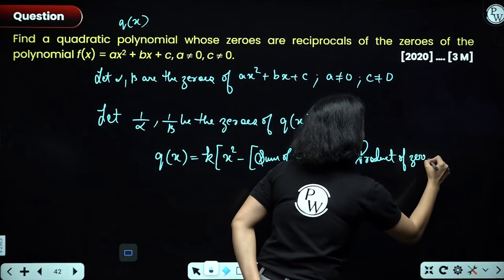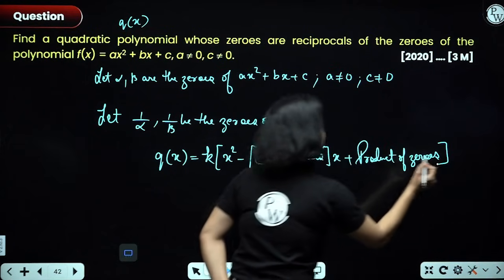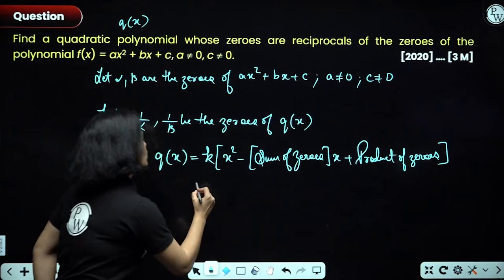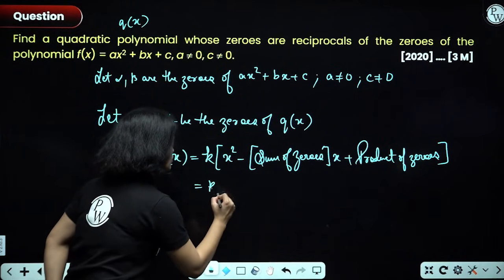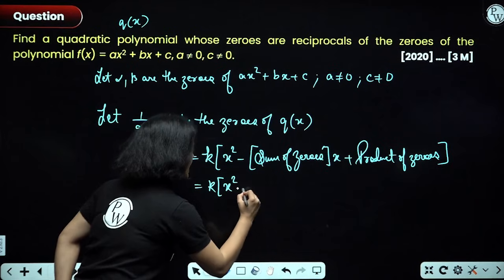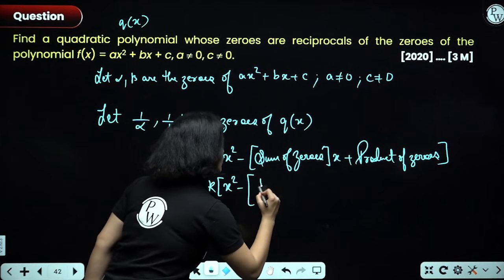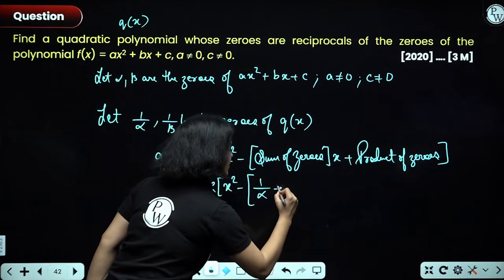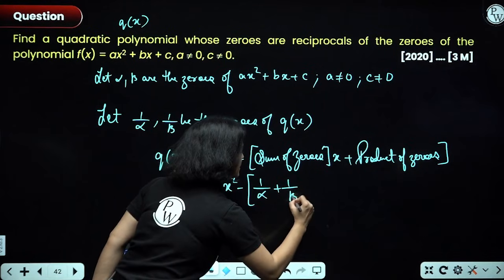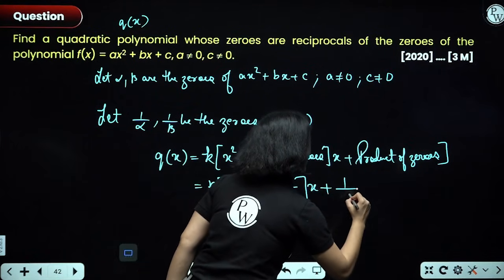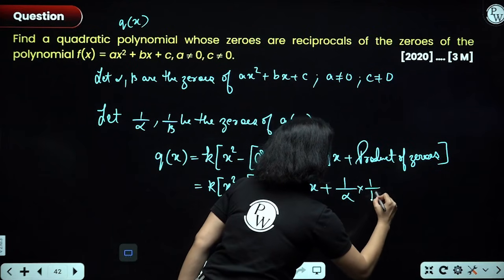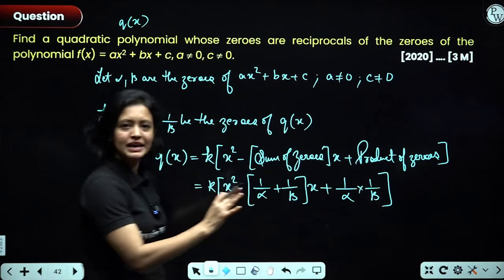Now let's plug in everything. So we have k times x² minus sum of zeros, and we know that the zeros are 1/alpha and 1/beta, so (1/alpha + 1/beta) x plus product of zeros, which would be 1/alpha into 1/beta. I hope this makes sense.